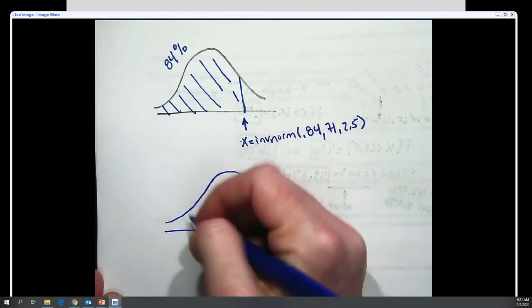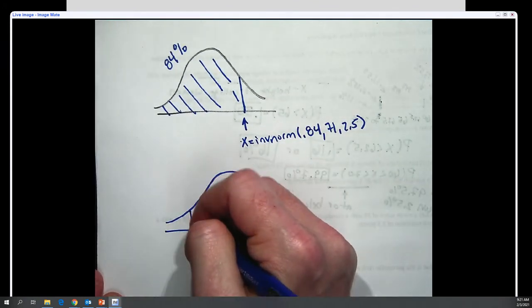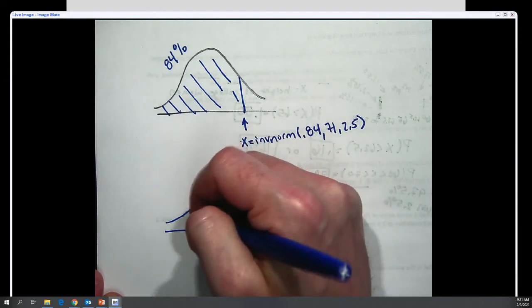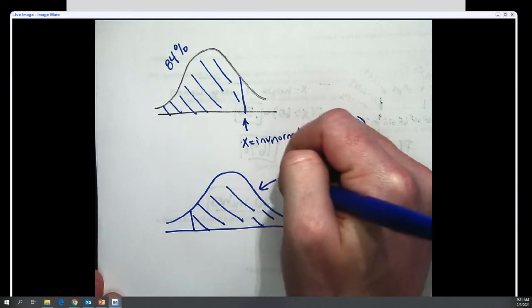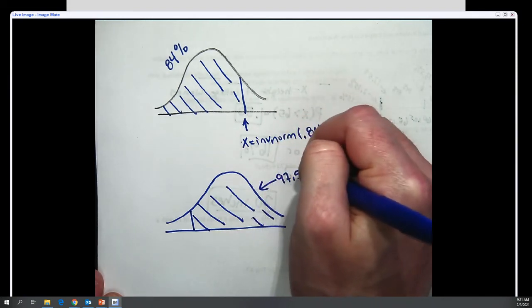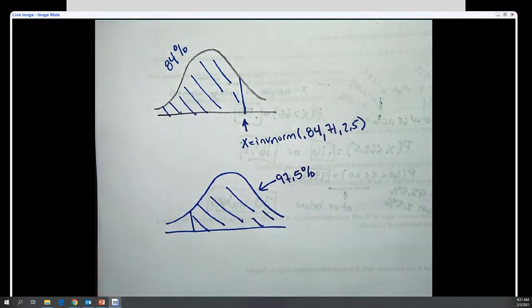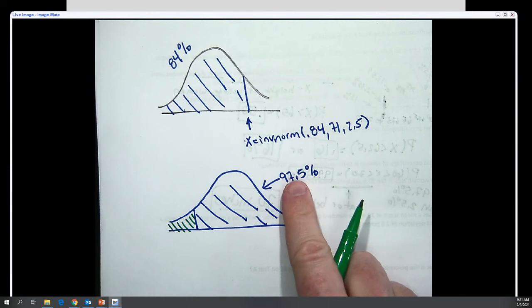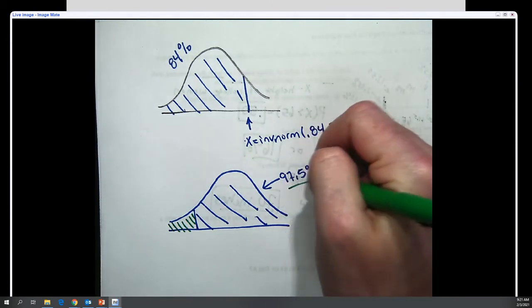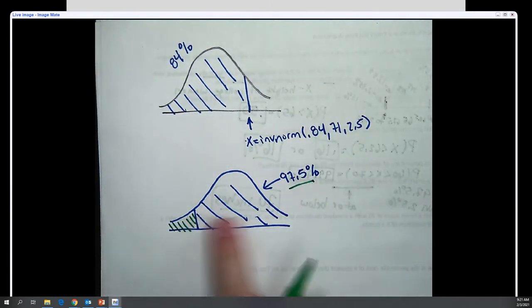This current question, though, says we want to find a person such that 97.5% are taller than them. So it's asking us to find this, which is 97.5%. And then what I just said is that inverse norm only finds area to the left. So you have to actually think about this piece here. Even though the question said 97.5, that was the area to the right.